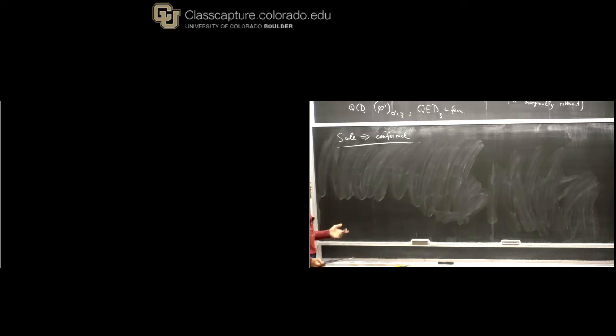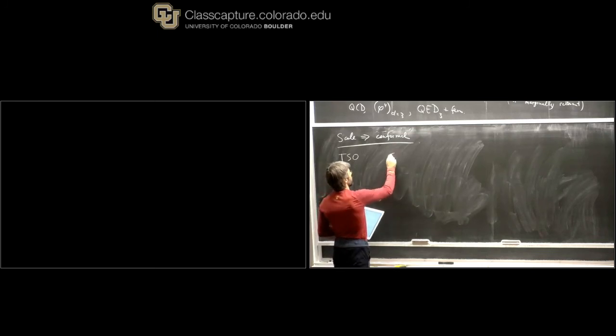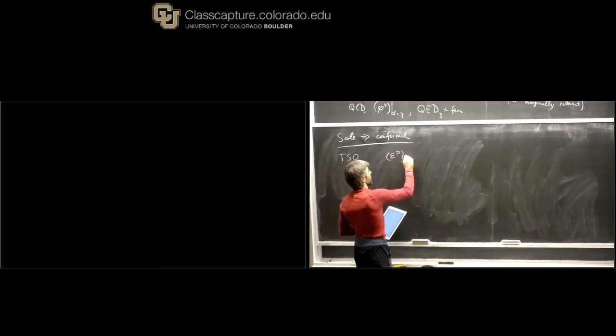Now let me specialize to scale invariant theories. What's a scale invariant theory? It means that in addition to the vector fields that I discussed, I expect to find an extra TSO which corresponds to the dilatation vector field. Which is this one.